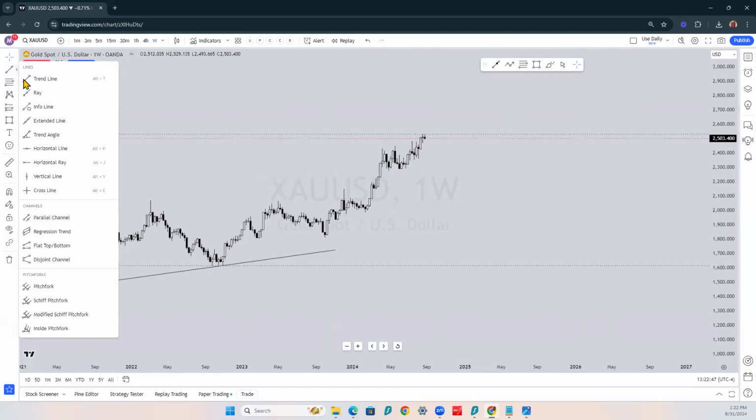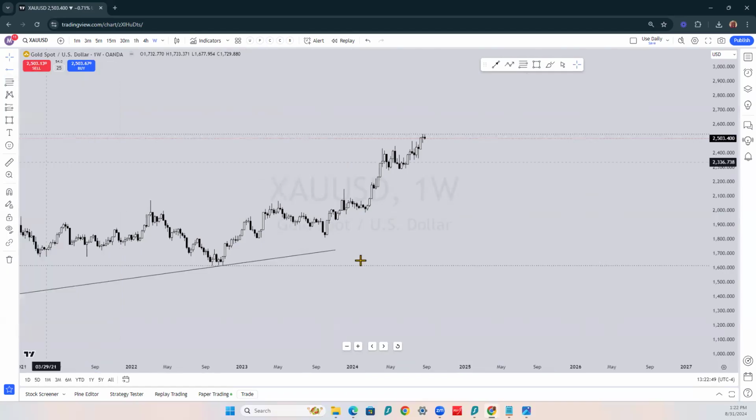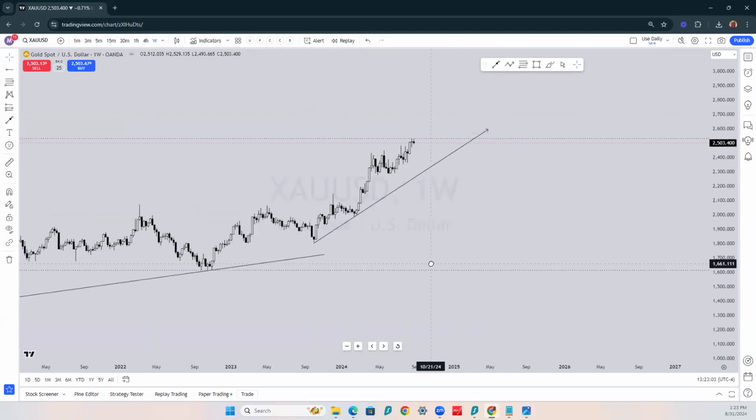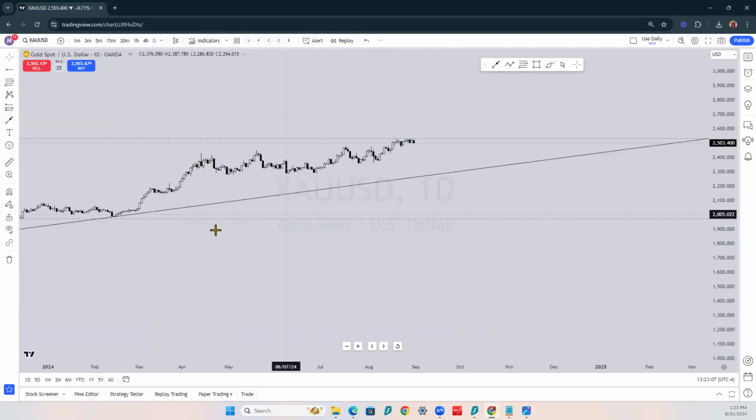Okay, so you can take another horizontal ray, actually, an arrow, take the arrow and do one of these numbers. So it's an uptrend. All right, so that's all uptrend. And then we go down to the lower time frame, daily.